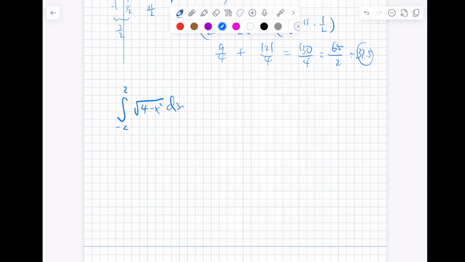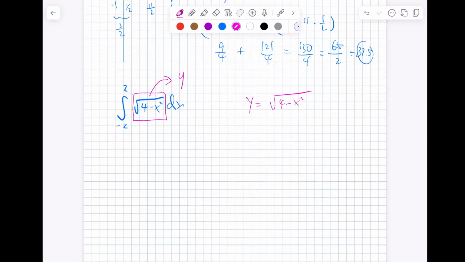Good. A semicircle. But how do I know it's a semicircle without decimals? Right? How do I know that? Because technically, this is equal to y, right? So y equals the square root of 4 minus x squared. Then you can square both sides. That's going to be y squared equal to 4 minus x squared.